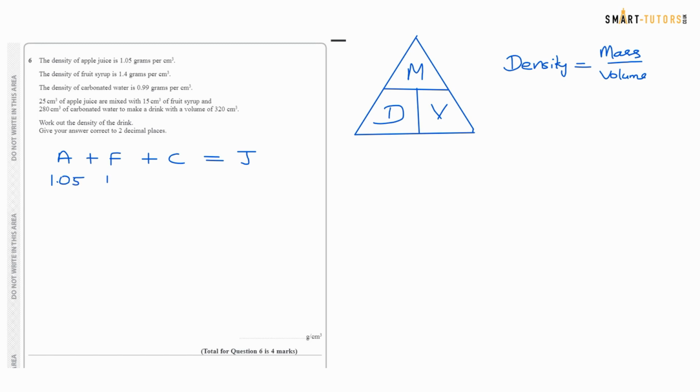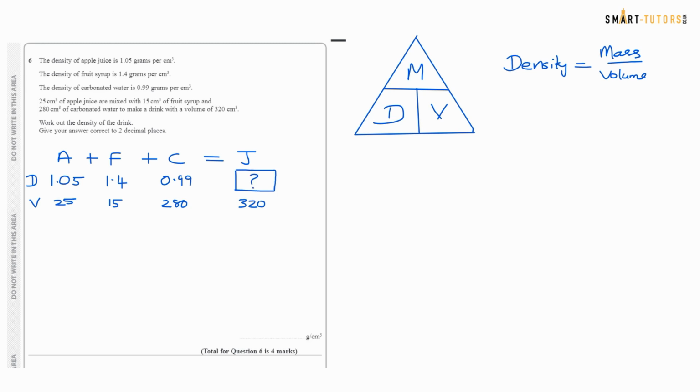So they have given all the densities, and the volume is 25 centimeter cube. This is the volume and this is the density. And 15 is the fruit syrup and 280 is the carbonated water. And the volume of the drink is given, 320, and they asked to find the density of the drink. So first of all, the best way is to figure out what information is given and how we are going to work it out.